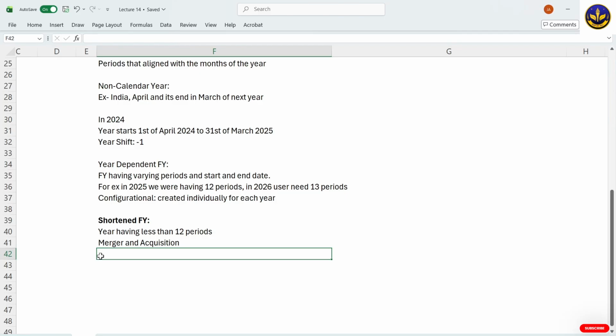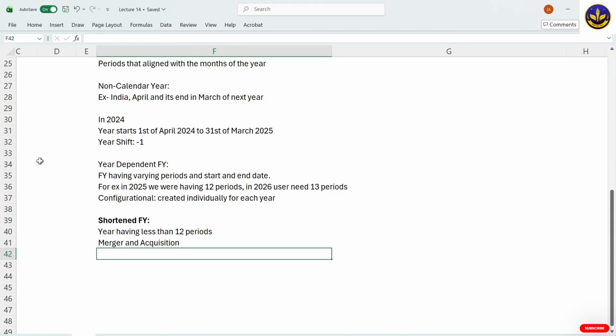If you acquired the other entity in June, then you have to reconcile the financial statement. So in that case, you would have a year of only 6 or 7 months. In that case we would have the shortened fiscal year.